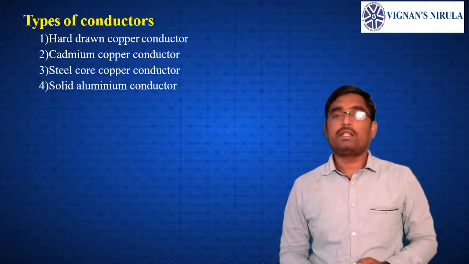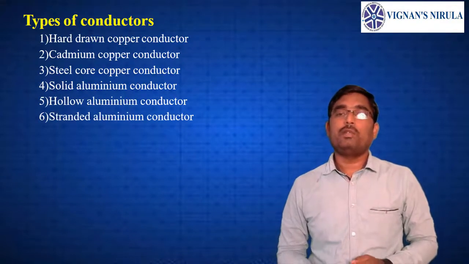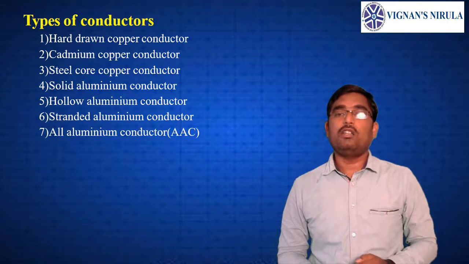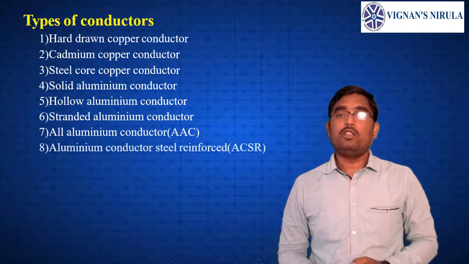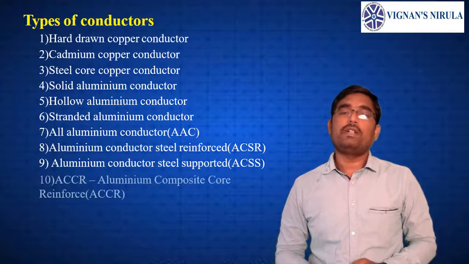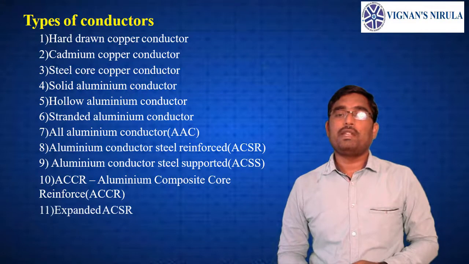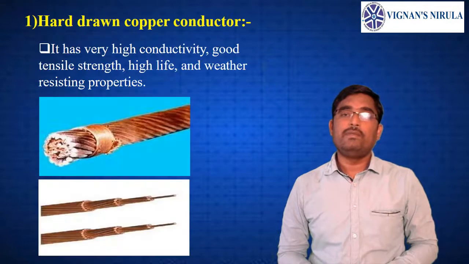Solid aluminum conductor. Hollow aluminum conductor. Stranded aluminum conductor. All aluminum conductor. Aluminum conductor steel reinforced. Aluminum conductor steel supported. All aluminum composite core reinforced, ACCR. Expanded ACSR. And the last one, bundle conductors.